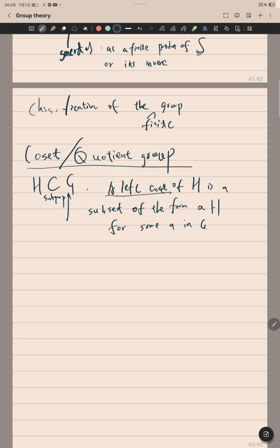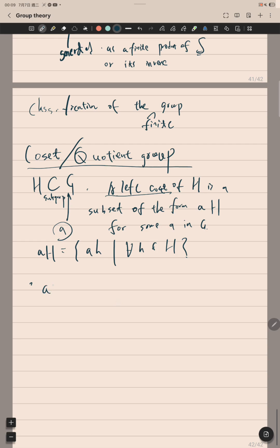You just take any element a in G, and multiply H by a from the left-hand side. So aH is just ah for every h in H. This is called a left coset.